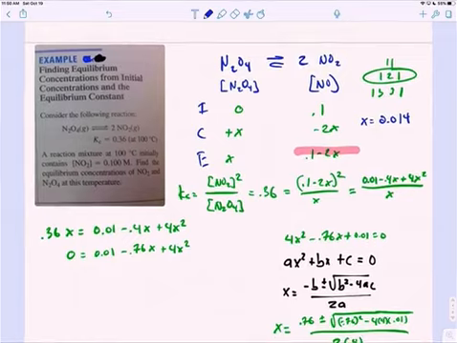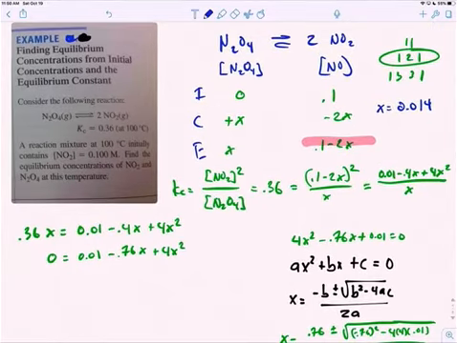When we apply this, we have x equals 0.014. And because of that, we want the equilibrium concentrations.